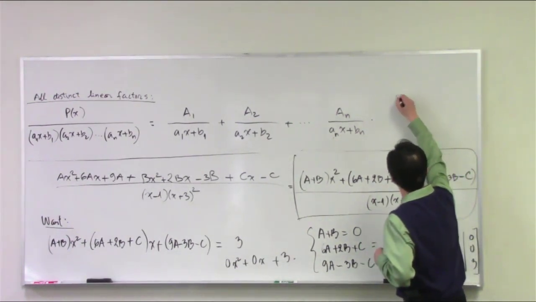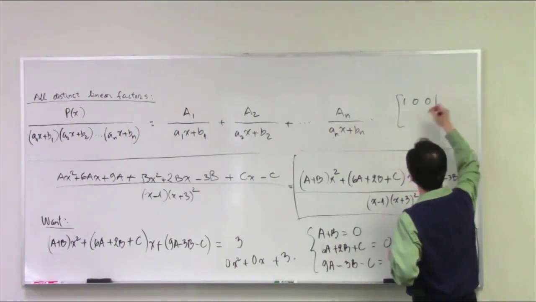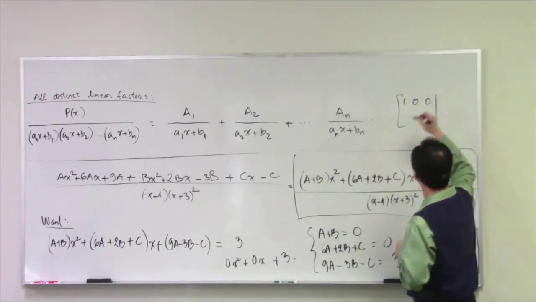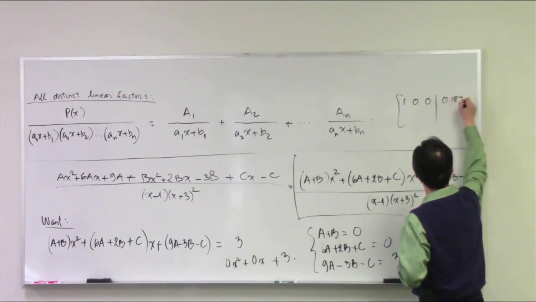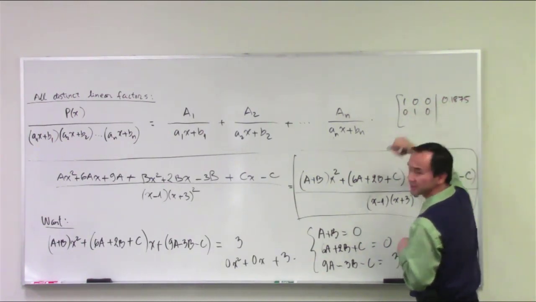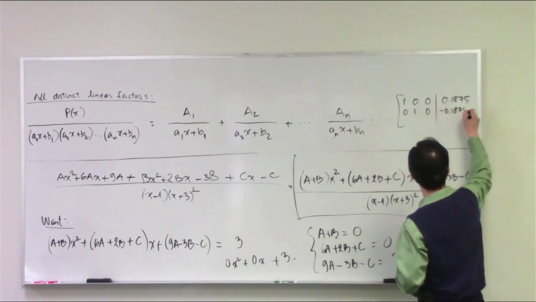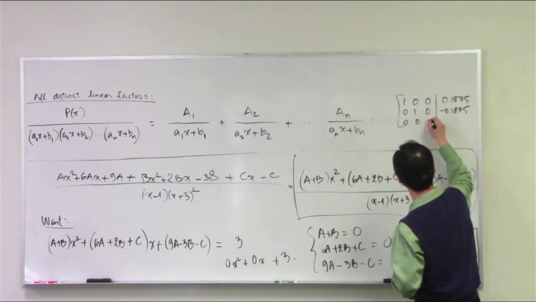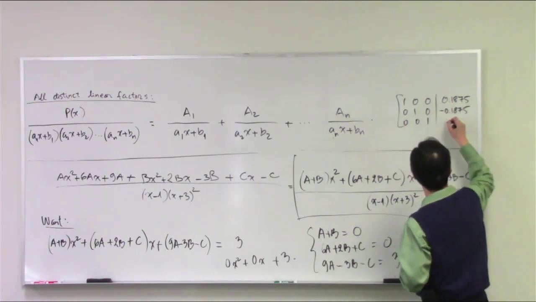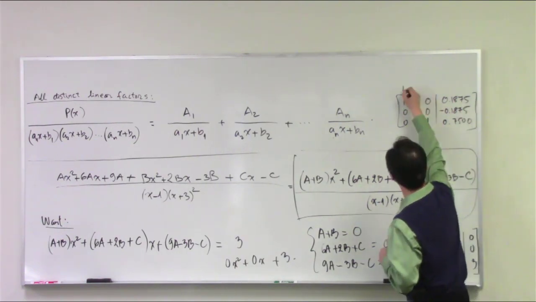Okay, so 0.1875, and then the next one here is 0 1 0, and then there's a negative 0.1875, right? And then there's a 0 0 1 here, being 0.7500.